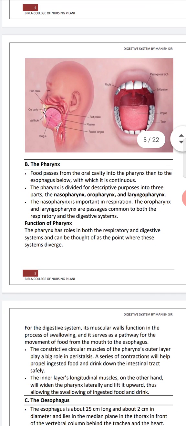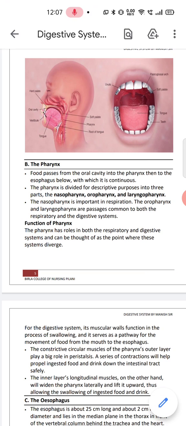If we talk about the functions of the pharynx, the pharynx has a role in both the respiratory and digestive systems. And this is the point where the digestive system is separated from the respiratory system.